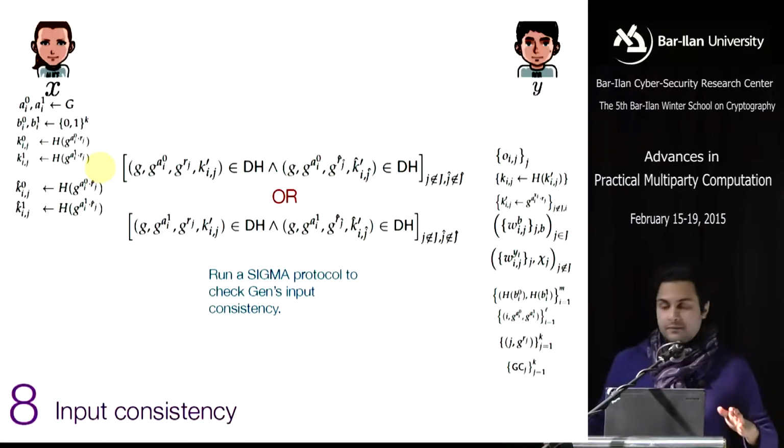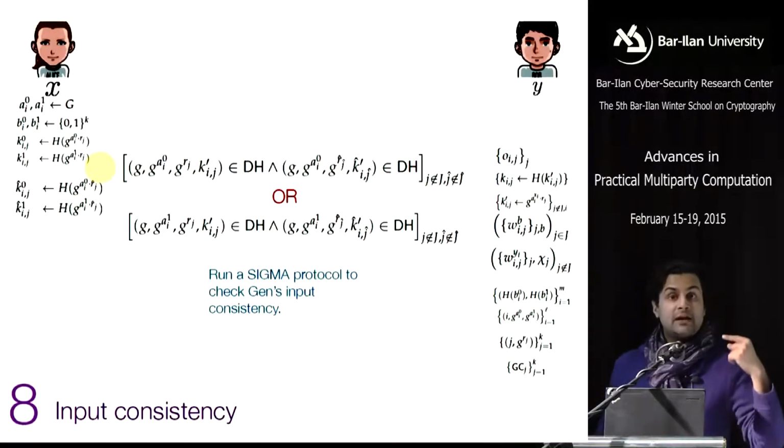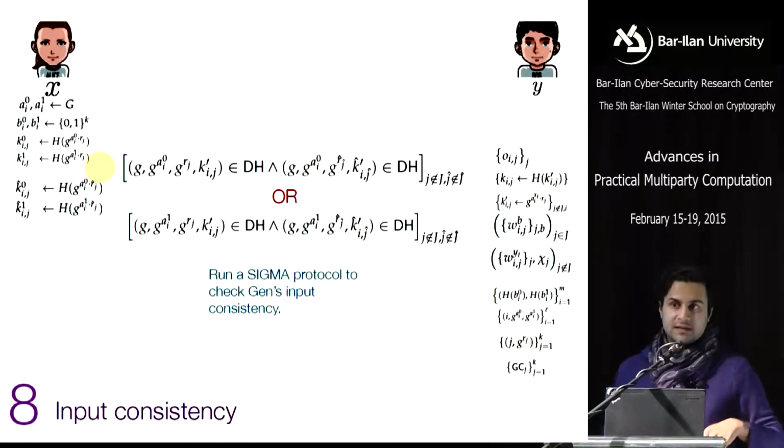And this is one way. In about 10 minutes, we're going to talk about another way to do this. And on Thursday, I believe one of the talks, Riva, will talk about an even more efficient way to do this test.